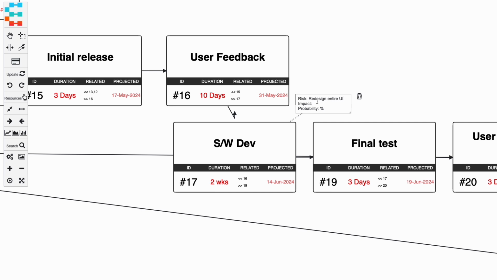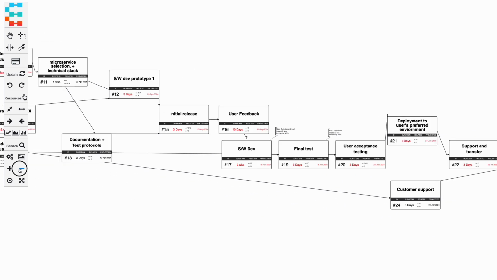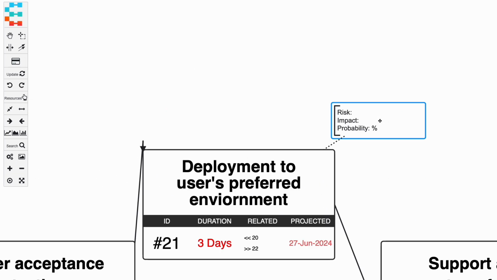Doing so will let Energer use the risk, the probability of the risk's occurrence, and its impact, to factor this risk into the completion date. Let's add a few risks to the project and rerun the simulation and then see how the completion dates change.